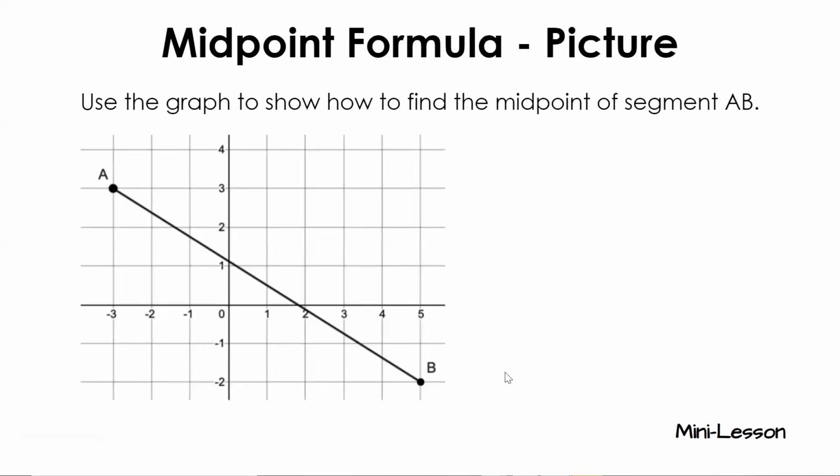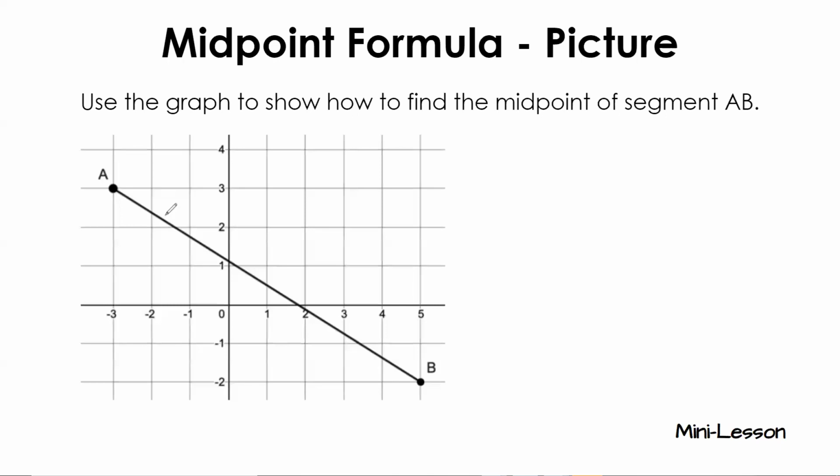Okay, so from here to here, okay, where is the middle point? Where does it look like it's the middle? Like somewhere in here? Yeah? Okay, now the way we actually find it is we use that formula.